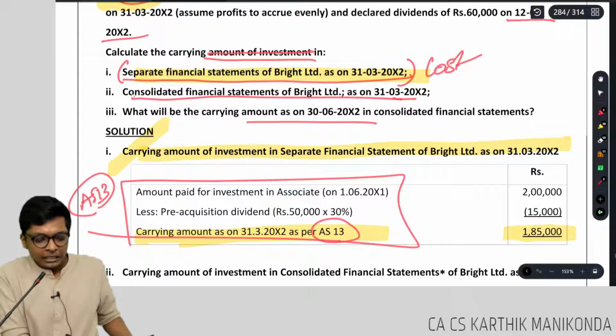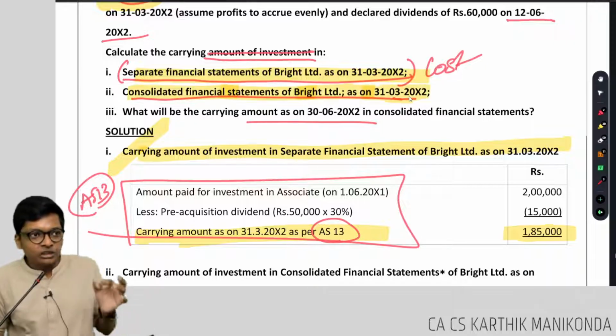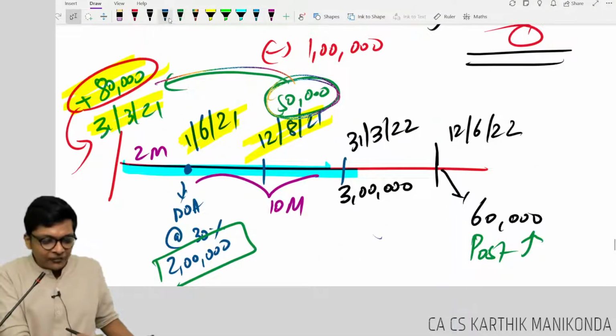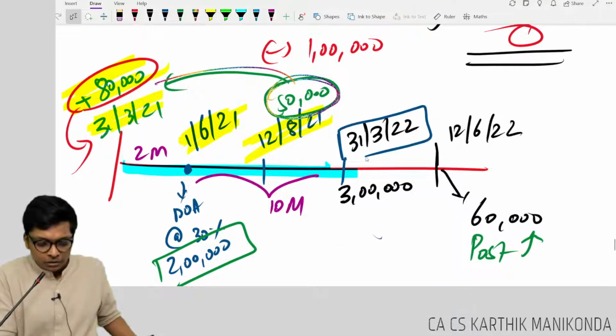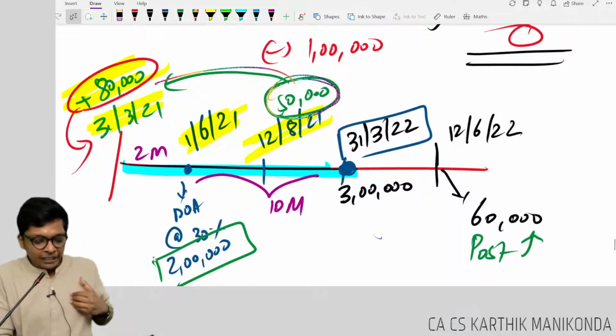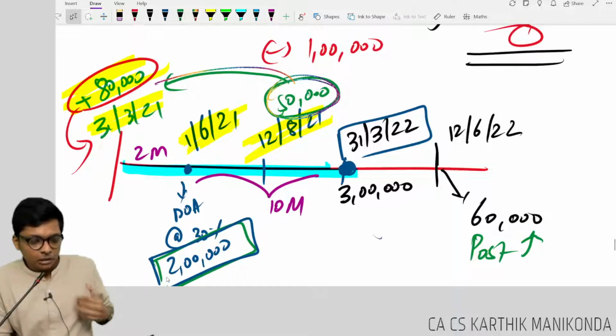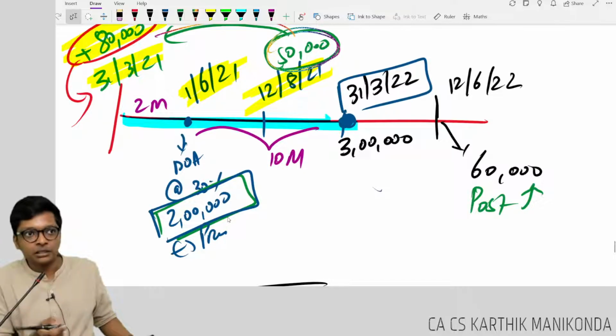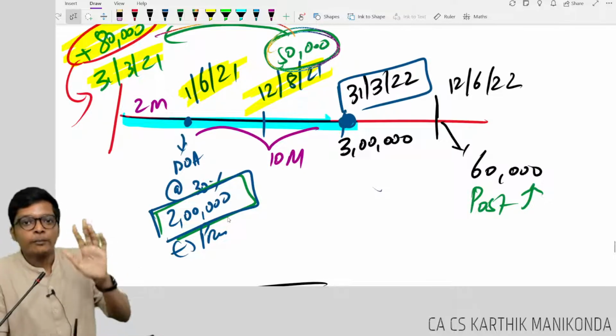Follow consolidated financial statements of Bright Limited on 31st March 22. Go to my diagram guys. Which day you want to find? This day. That means for this day, I have to take cost of investment, minus pre-acquisition dividend of course, and plus post-acquisition profits.